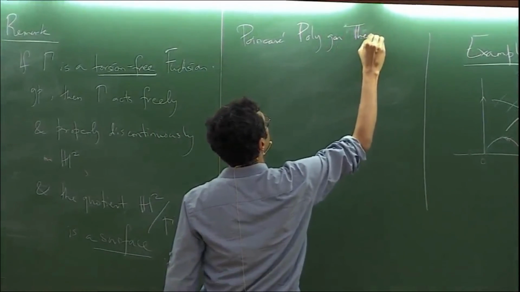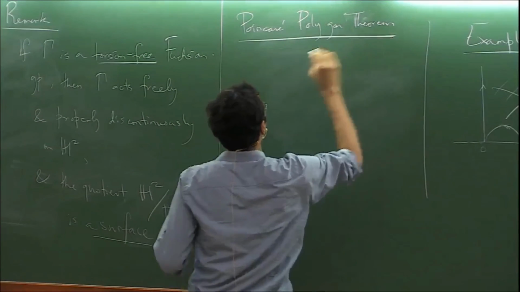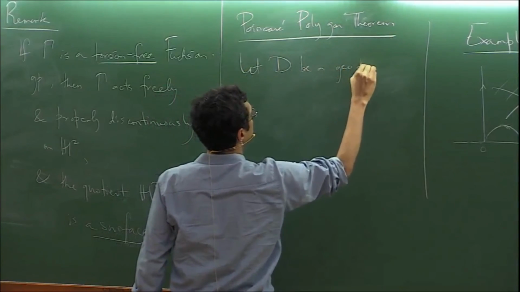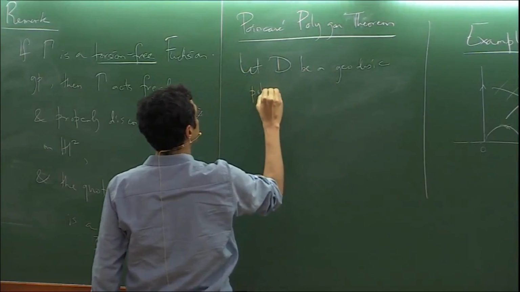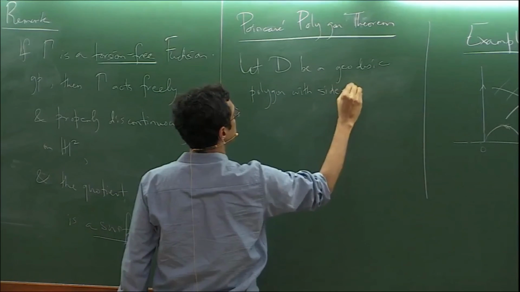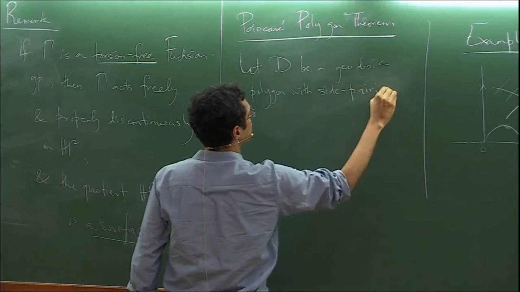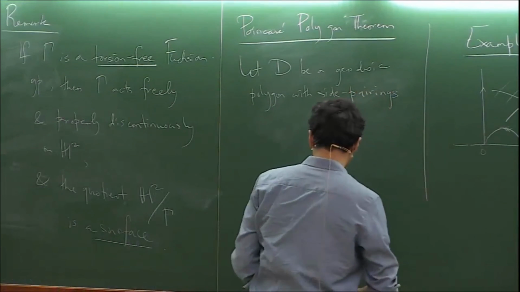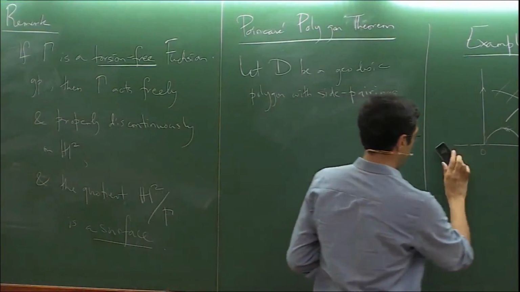It says the following. Let D be a geodesic polygon with side pairings, maybe just like here, such that you have some conditions.